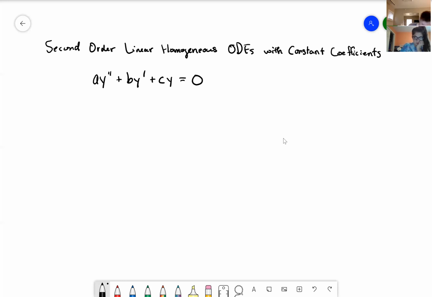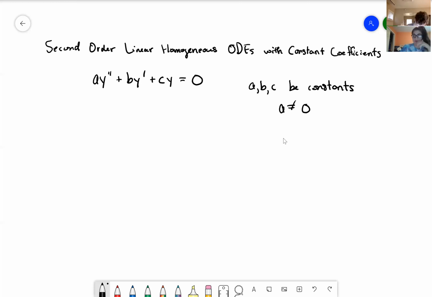Okay, so we will have a, b, and c be constants. I'm purposefully sweeping under the rug what kind of constants these are. Normally we're talking about real numbers, but I'm going to intentionally be vague and leave open the possibility that we're talking about complex numbers. And we're going to have a is not equal to 0 because in that case we would be in a first order instead of a second order.